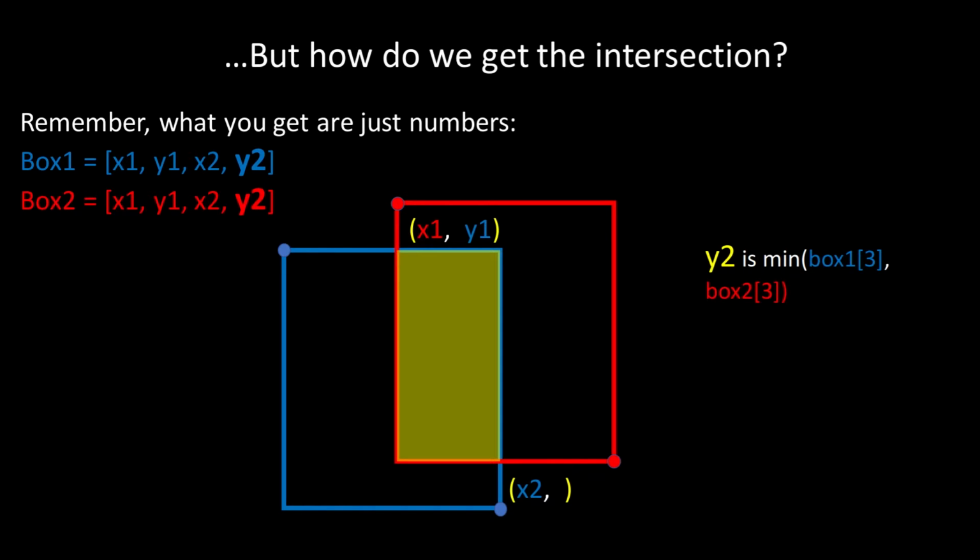So now we have x2 from the blue box, and the y2 is going to be the minimum of those y2 values. In this case, that's going to be the red one because it's further up than the blue bottom right corner. So again, we see that this formula holds in general.